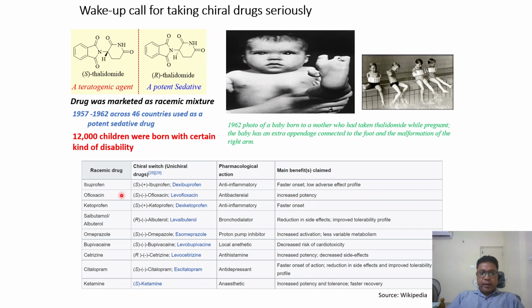Similarly, we can see in a lot of other drugs, oxaprozin, ketoprofen, salbutamol or albuterol, omeprazole. All these drug molecules were initially marketed as racemic mixtures, but now they are marketed in enantiomer pure form. And we can see the increased activity of the drug molecule and lower side effects of the other enantiomer.